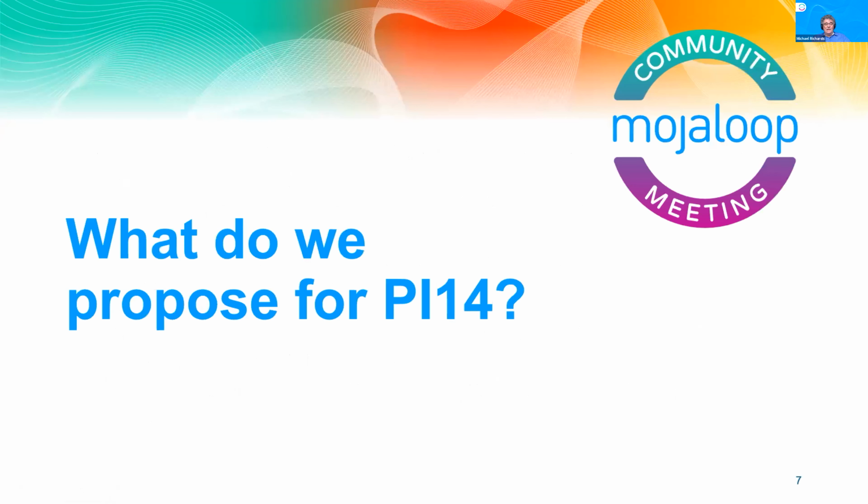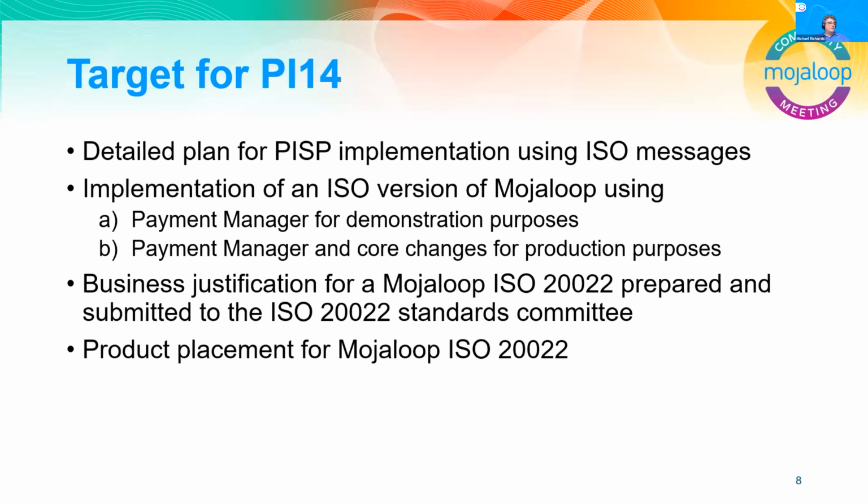So what do we propose next? First of all, a detailed plan for PISP implementation using ISO messages, and that won't necessarily just be existing messages. We think we may need to extend and propose new ISO messages to cover the areas of PISP that we do using our in-switch model for PISP communication.